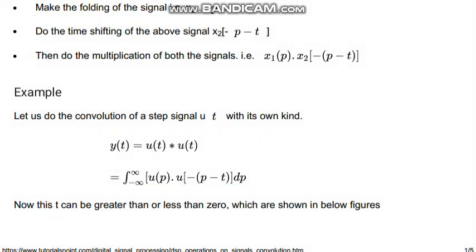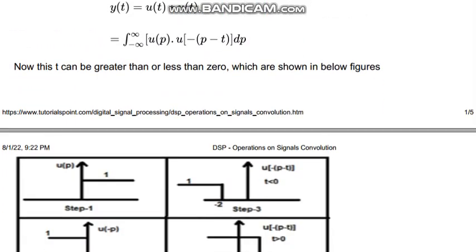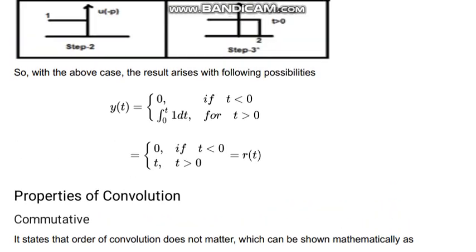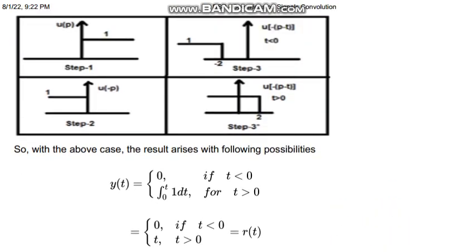Okay, now we will head towards our next figures. You can see the figure here, that's the step signal figure. Step signal means the value is 1, and step means a staircase type, and minus p means folding.